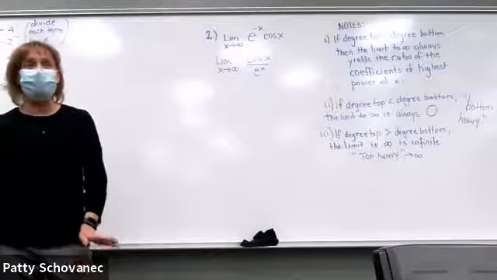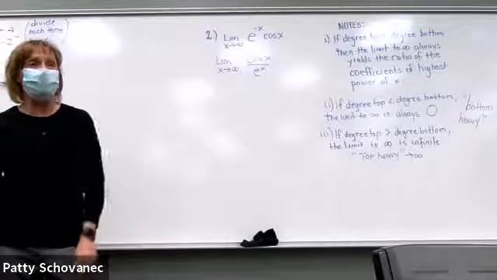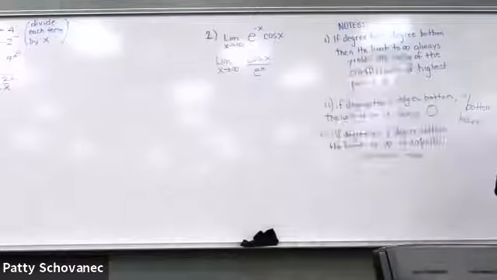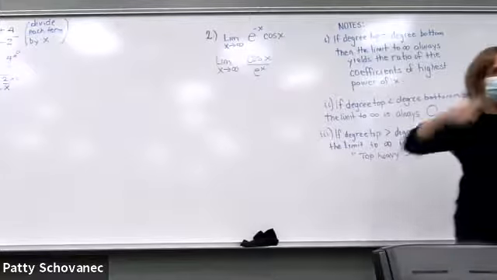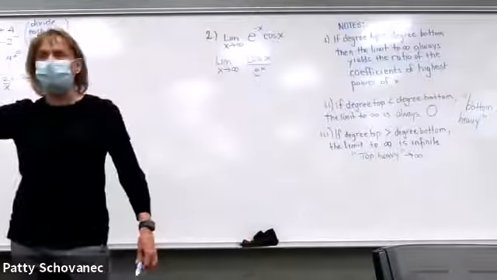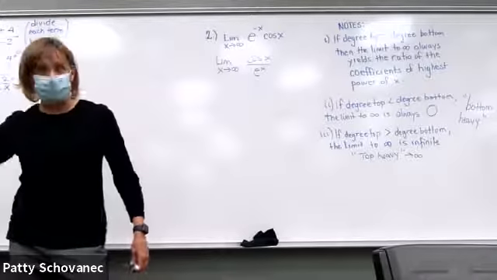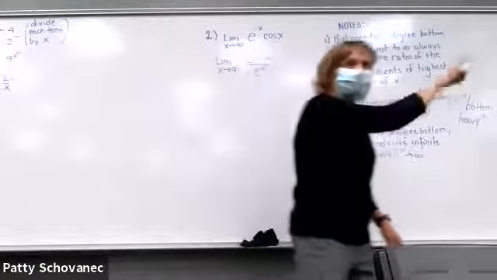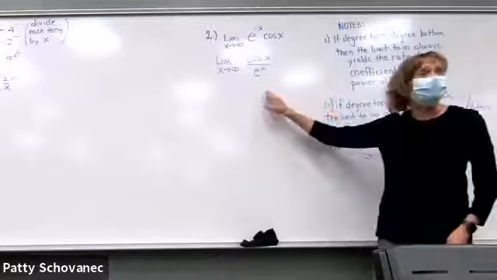No matter what the x is, big or small or medium size, cosine of x is 1, -1, and numbers in between. So we're taking those numbers and dividing them by e to a power. Well, e to a big power is really big. So take numbers between 1 and -1 and divide them by a really, really big number. What's going to happen?